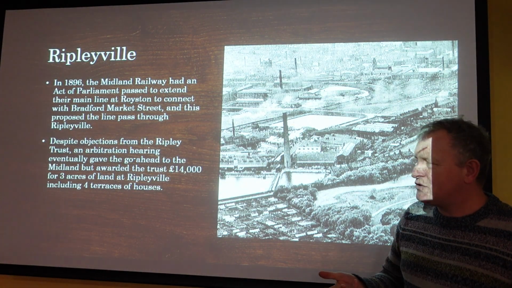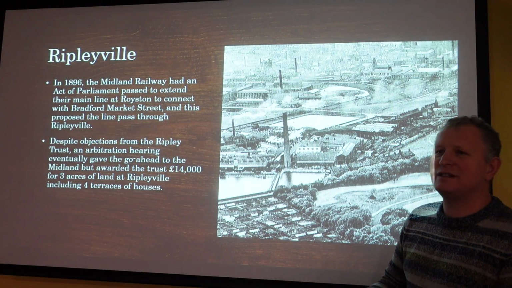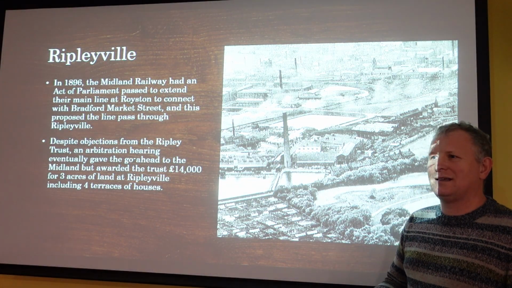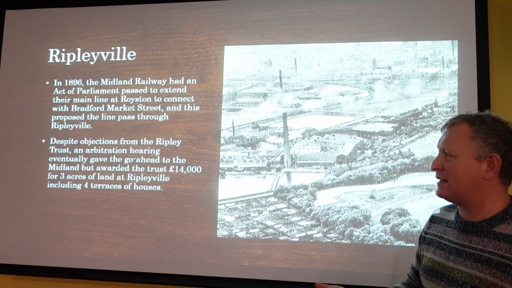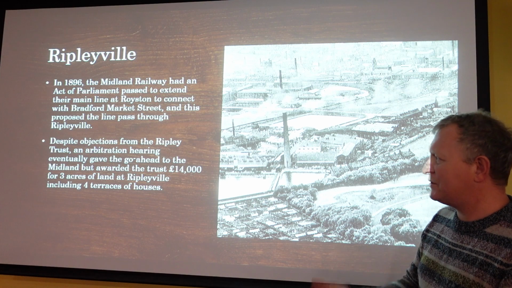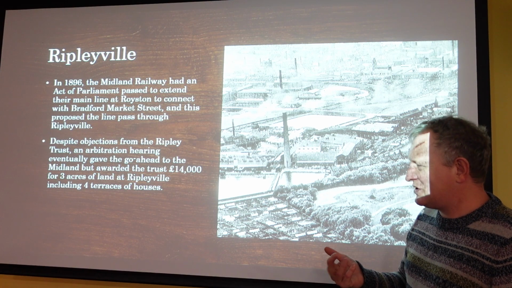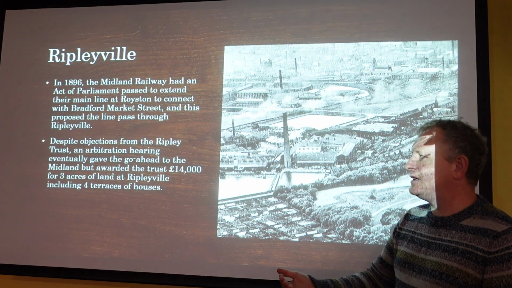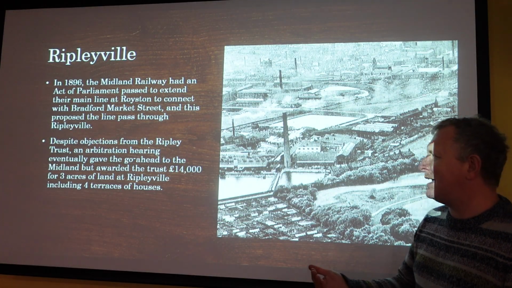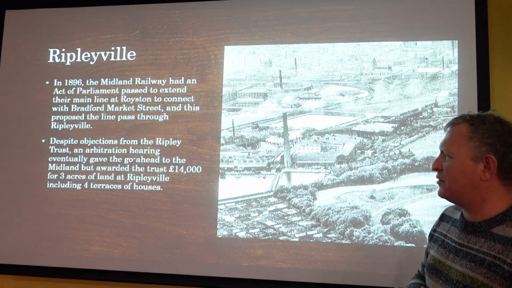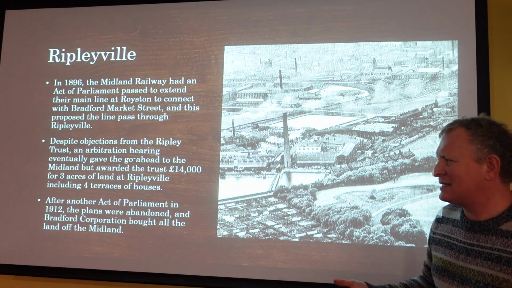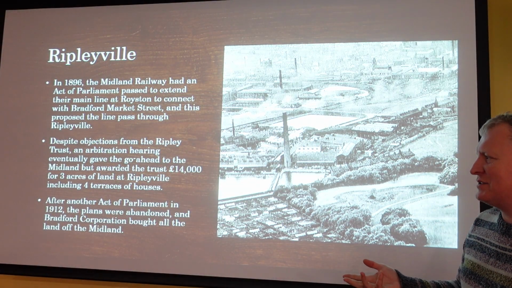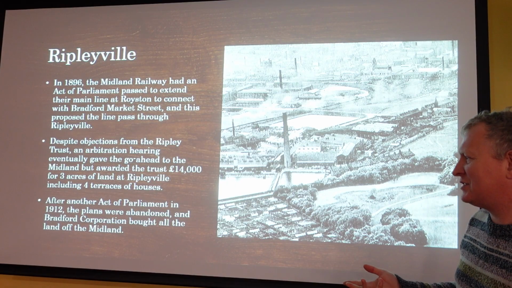Despite objections from the Trust, this has already been passed as this Act, so it essentially then mandates the railway company to build this line. There was an arbitration hearing which confirmed the Midland Railway could go ahead with it, but awarded the Trust £14,000. Now, another Act of Parliament was passed in 1912, and these plans are abandoned at that stage.